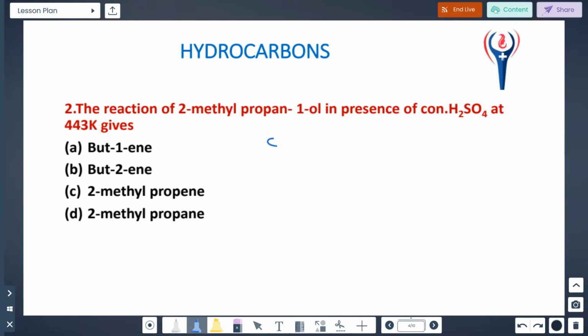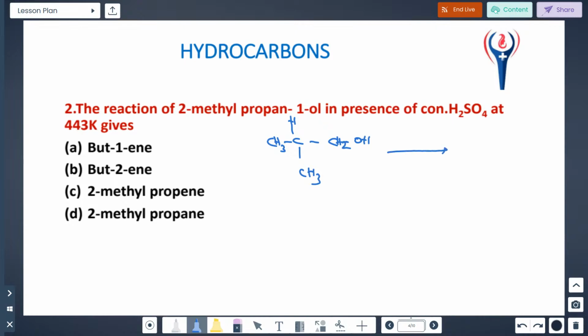Propan means three carbons, 2-methyl means carbon 2 has a methyl group, and propan-1-ol means carbon 1 has OH. Remaining positions are filled by hydrogen, so this is 2-methylpropan-1-ol.